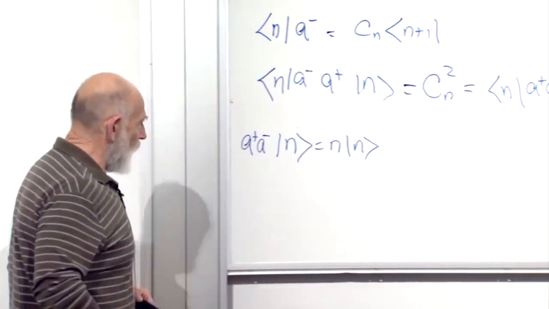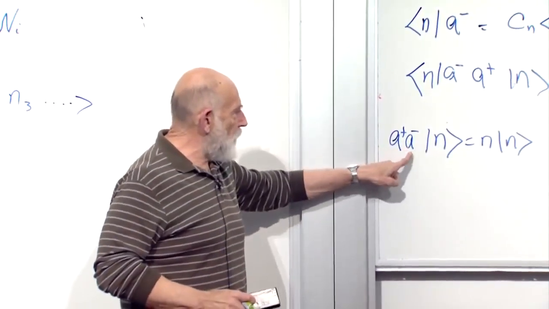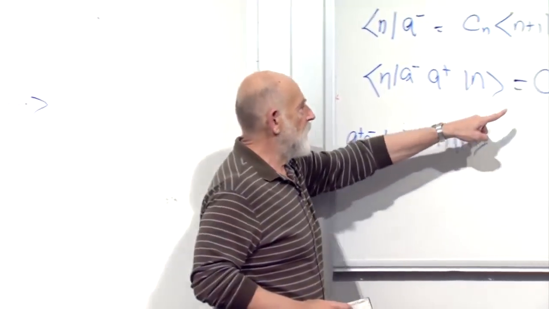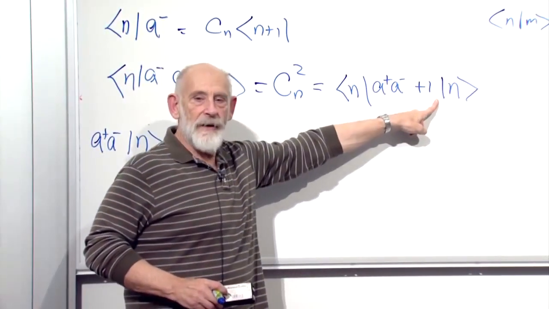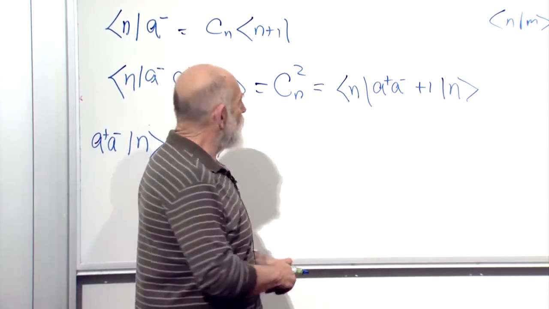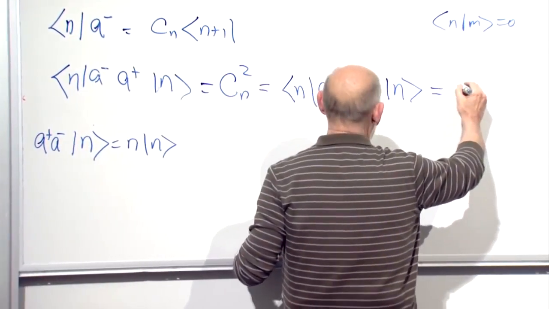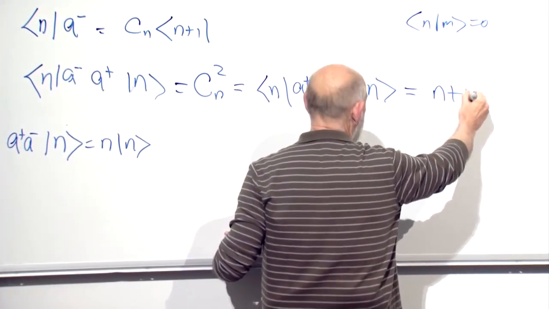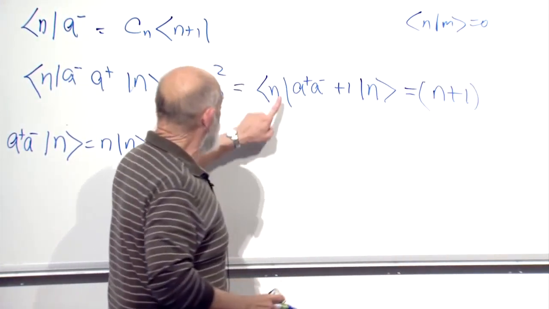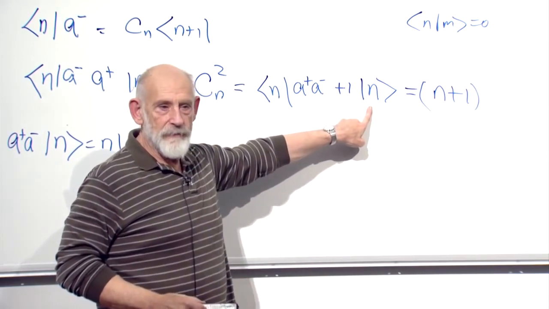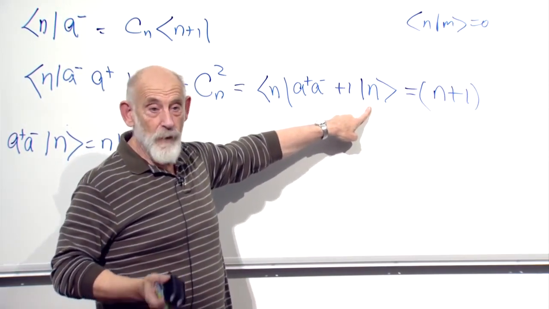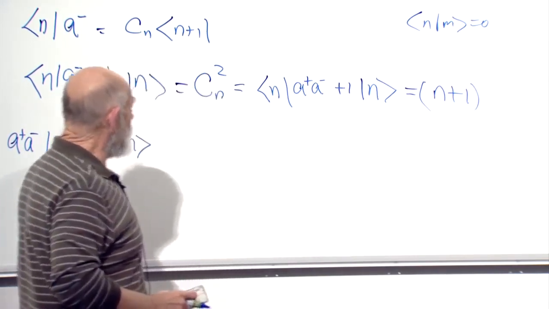Okay, now I'm in good shape because I know what A plus A minus does when it acts on n. It just multiplies by little n. So all of this just gives me n plus 1 times the inner product of n with itself, which is what? 1. So there we have it.